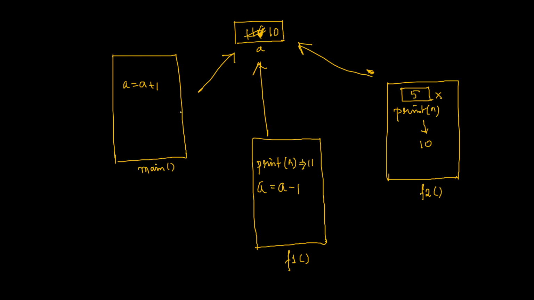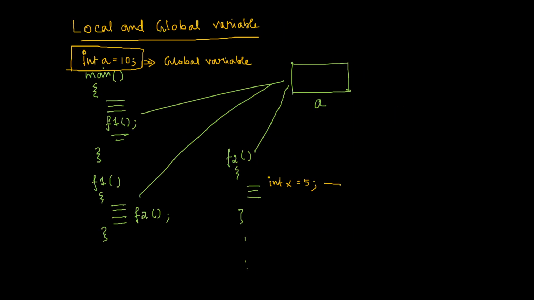It's not accessed outside this f2. So this is what you can say local variable. Local variable means local to this function f2.